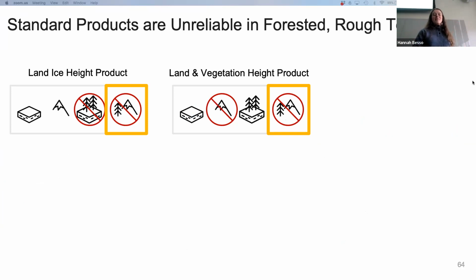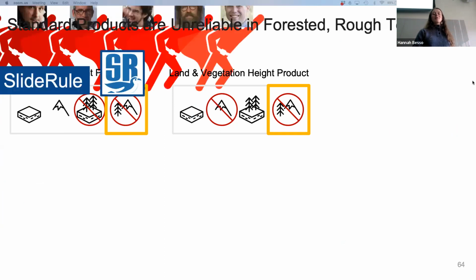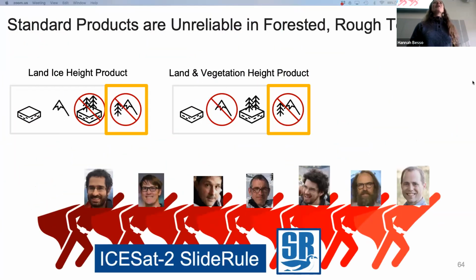But luckily, there was a group of intrepid researchers at both NASA and the University of Washington who had noticed the same issues with this data and decided to make a customizing tool that allows scientists to customize the parameters used to process ICESat-2 data so that we can use it for questions that were not part of the primary aims of the satellite.